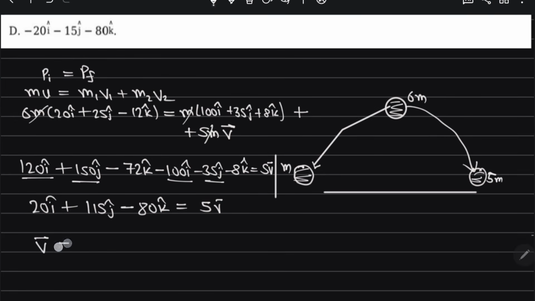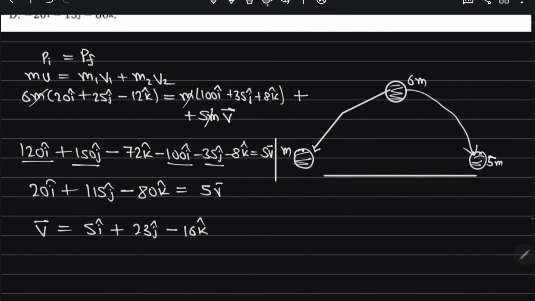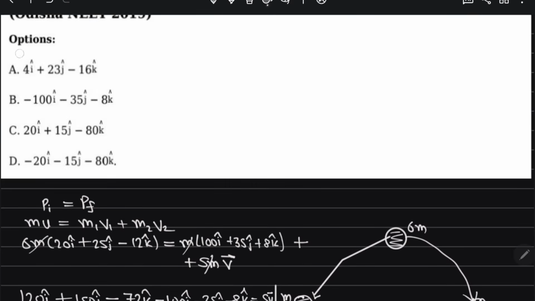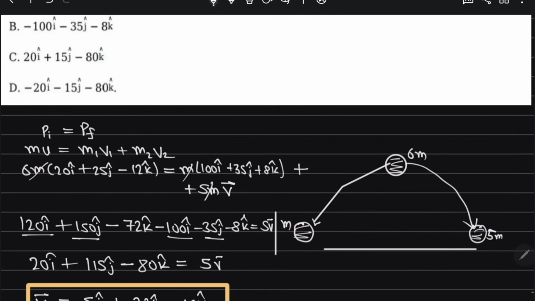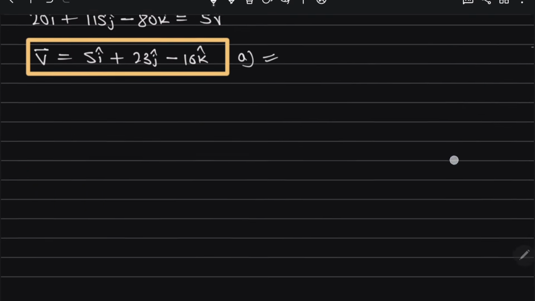So V comes out to be 4 i cap plus 23 j cap plus 16 k cap. So option A is correct.